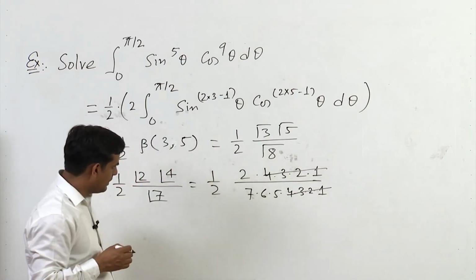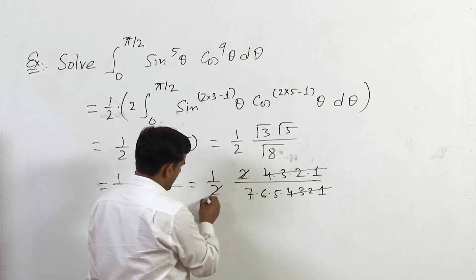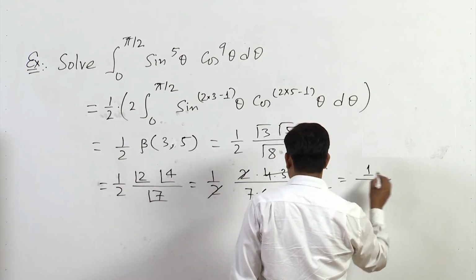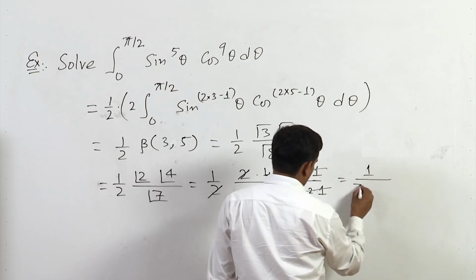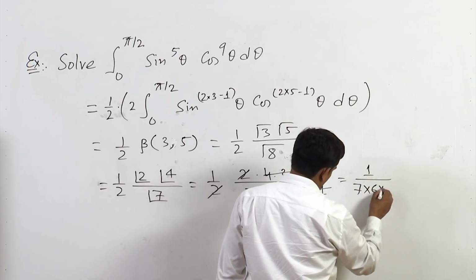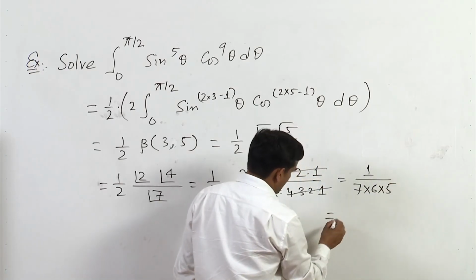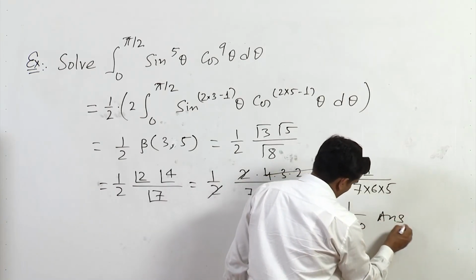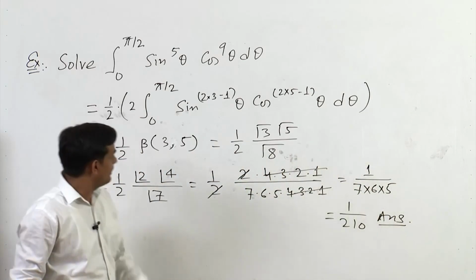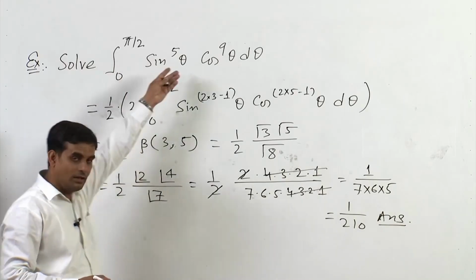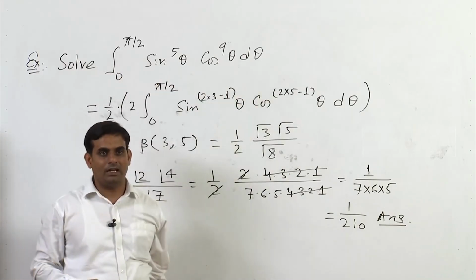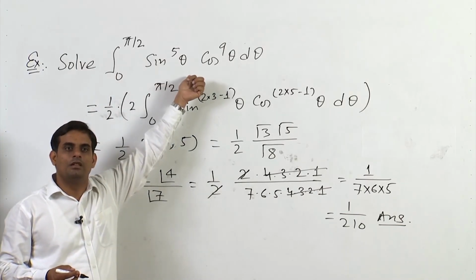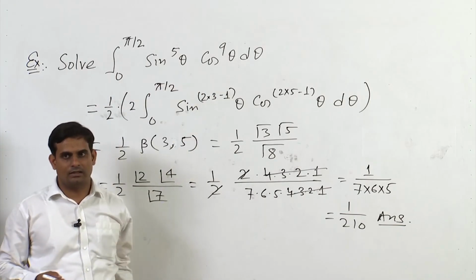So, this cancels out, 2 also cancels out. So, this comes out as 1 upon 7 into 6 into 5, that is 1 upon 210. So, this makes our life simple if we use beta and gamma function for evaluating such kinds of definite integrals.